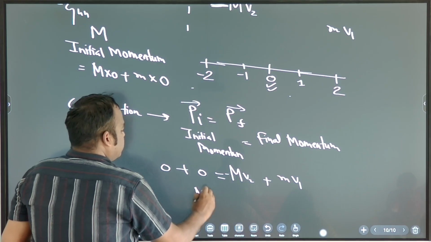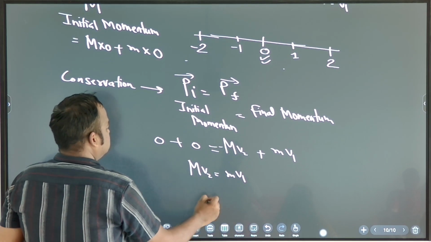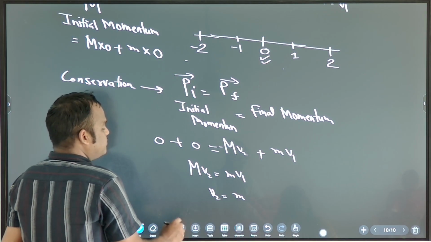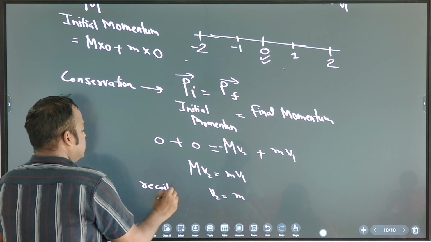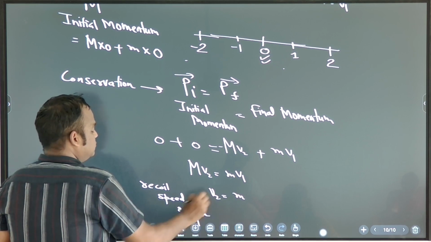So capital M v2 is equal to small m v1. So what is the recoil speed of gun? This is known as recoil speed of gun.